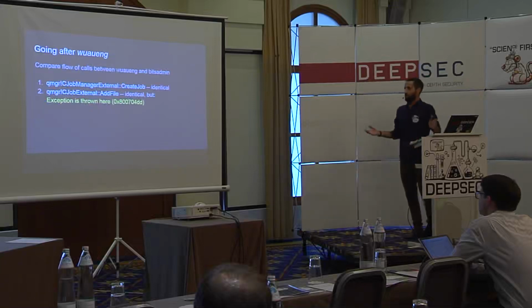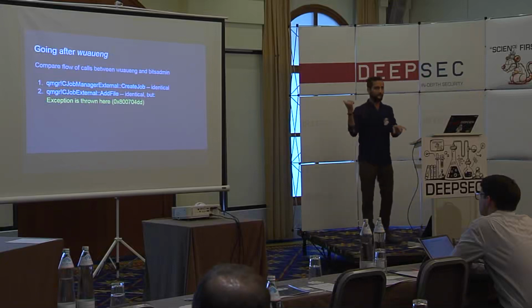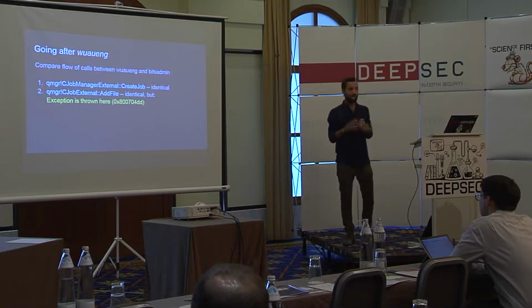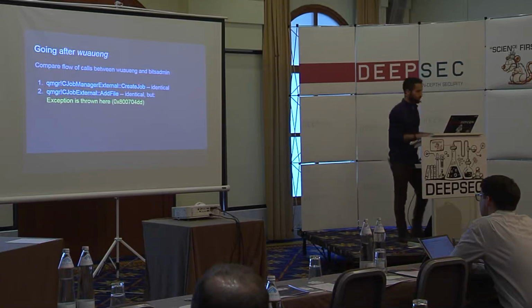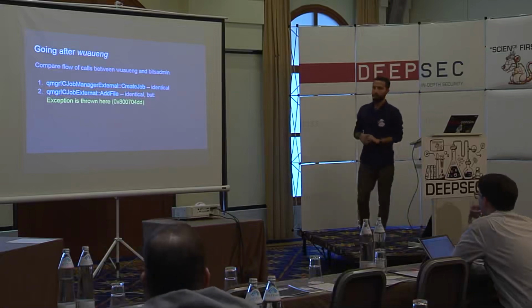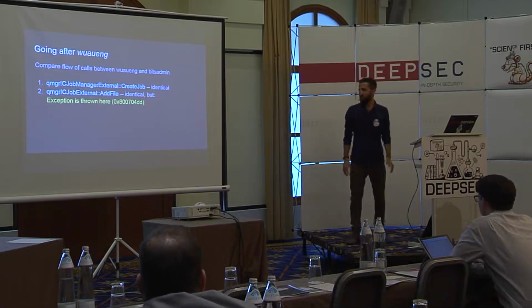So my methodology here was to go step by step with the flow, the original and valid flow that Windows Update is doing, and the flow that made me fail using BITSInject, and find the reason. So the first call, CreateJob, succeeded, and in both flows the parameters were identical, the result was identical, nothing changed.